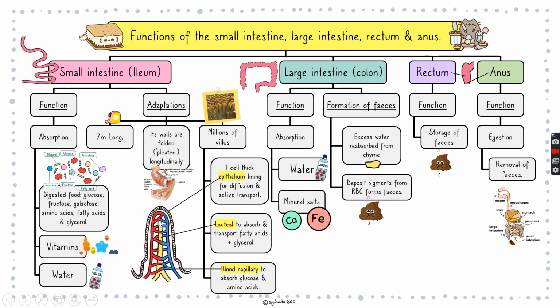In here, this yellow part is called the lacteal, and it is used to absorb and transport fatty acids and glycerol. And right here, that nut-like structure is a blood capillary. Capillary, again, is also a 1 cell thick blood vessel, and its main function is to transport blood from the artery to the vein.